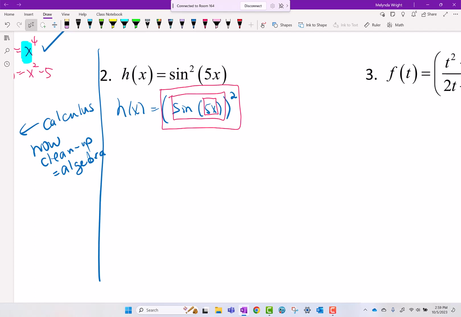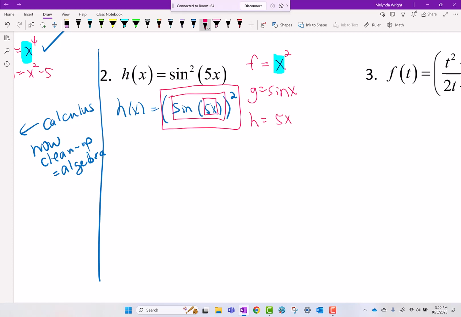Sometimes it's helpful to students and sometimes it's more confusing, so just do what is best for you. So f would be x squared. Of course, we recognize that this is just a holding spot, it's not really x. g would be sine, and h would be 5x. If we wanted to write them out, that's what it would look like.